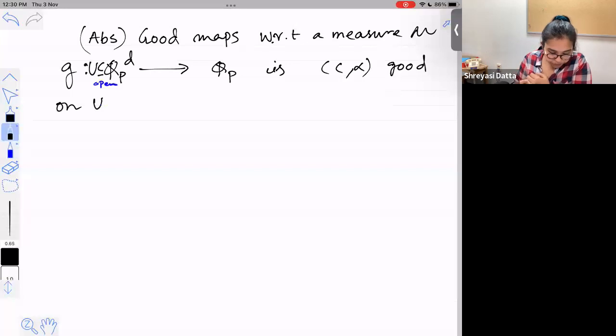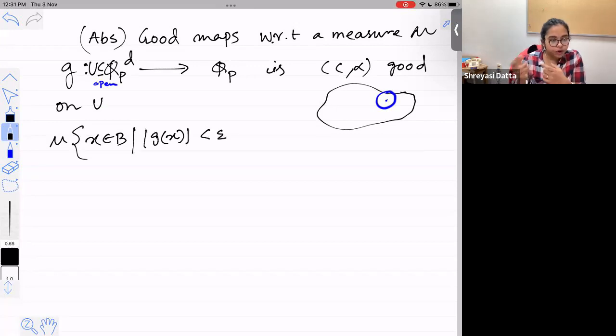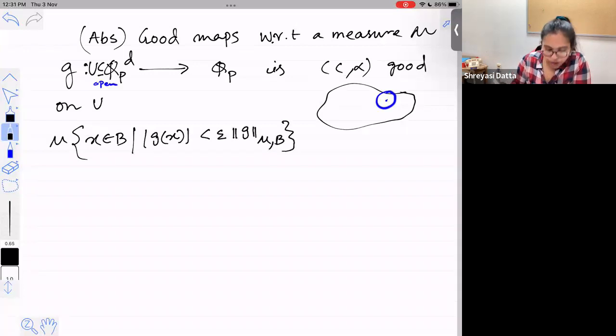If you look at all those, so if you look at any ball, so this is your U, if you take any ball that is centered at the support of mu, then all those points for which the function is small with respect to its essential supremum should have small measure.